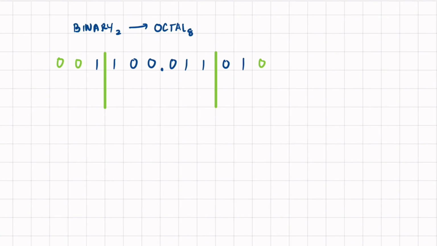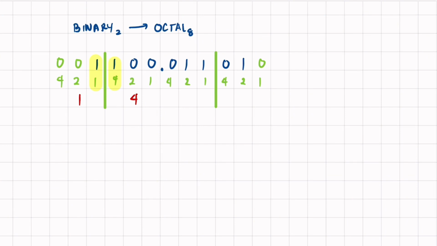Okay, so let's go ahead and convert the integer part first. 1, 2, 4, 1, 2, 4. It's also going to be the same for the fractional part. So for the integer part, we have 4 here, and we have 1.